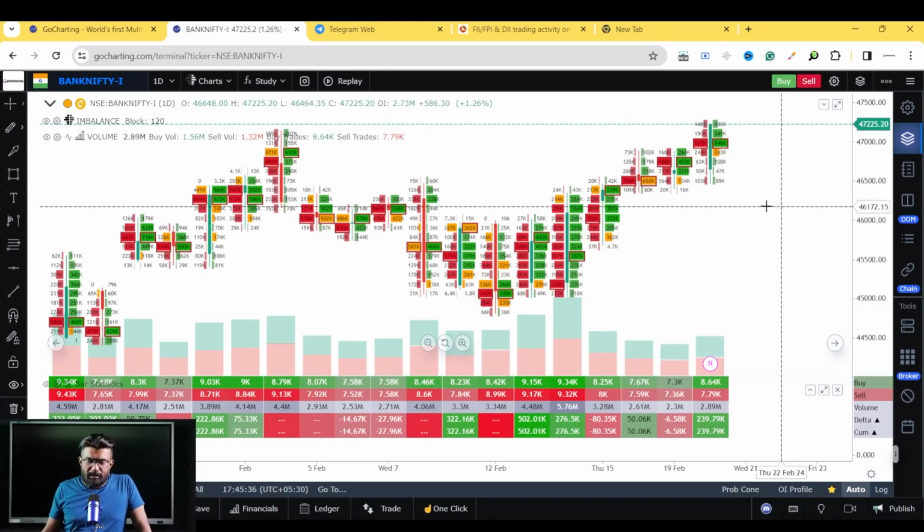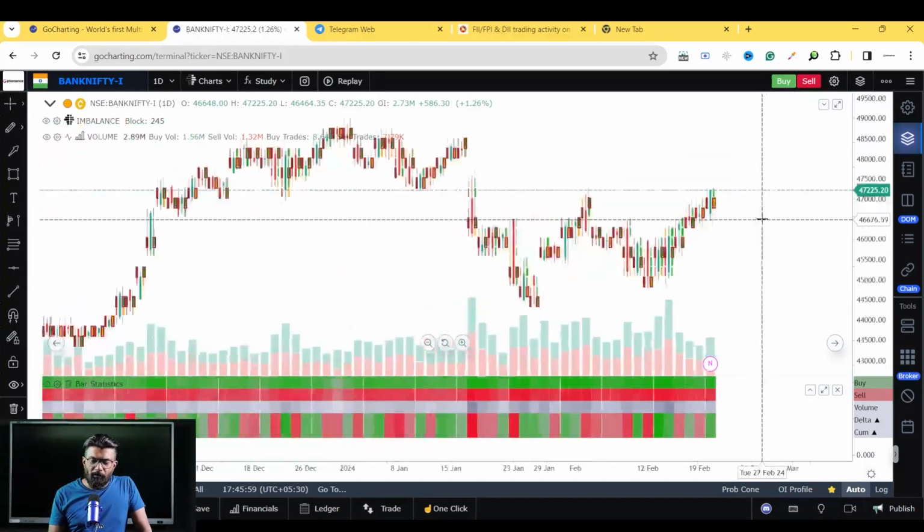Now let's assume tomorrow the market is gapping up, let's say 100 or 150 points. Now bears will try to break this 47,000. So you will have to keep an eye on 47,000. If the market sustains 47,000, we might inch up towards 47,500, or even more.